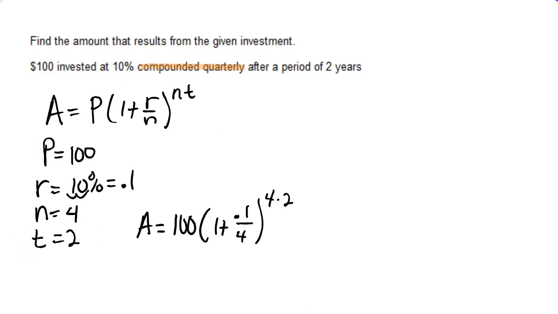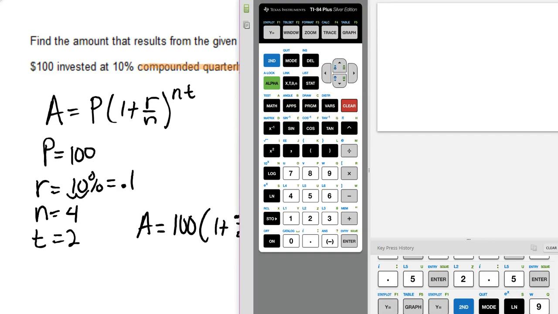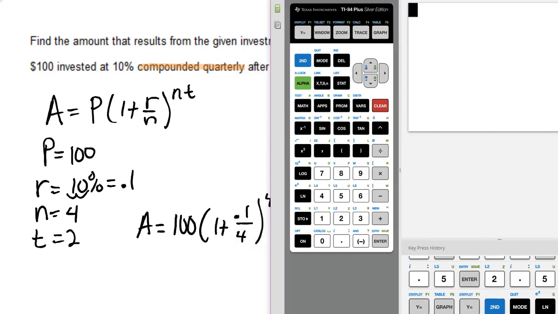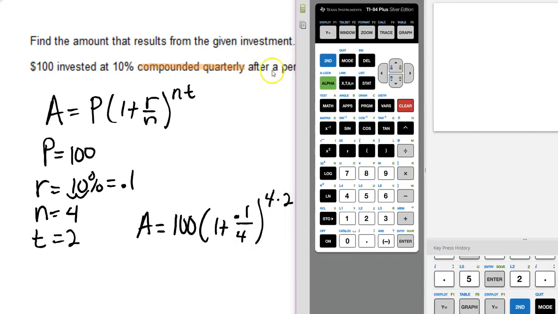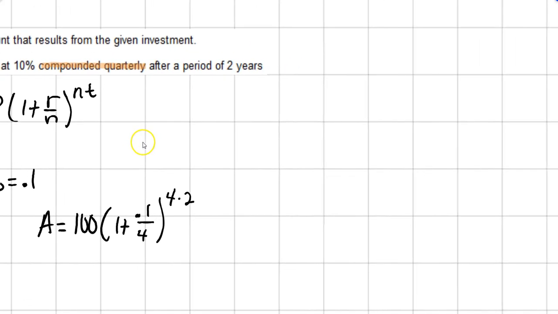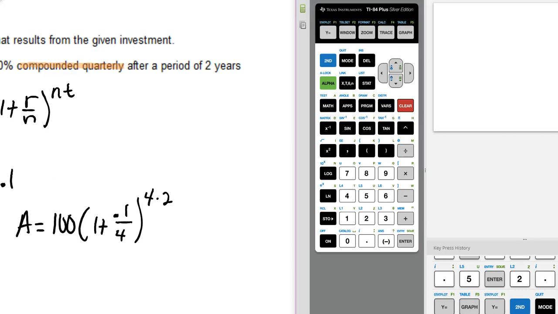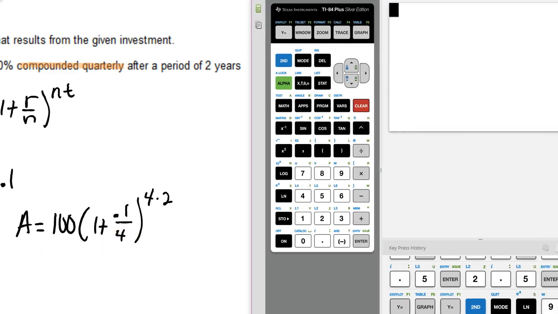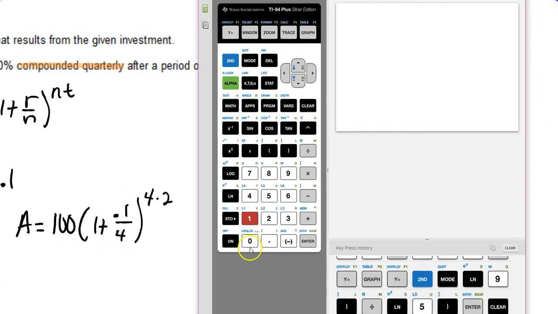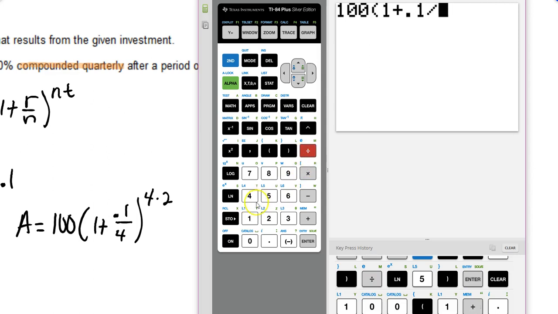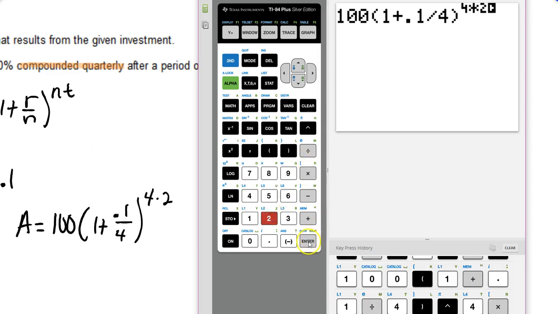So we'll put that in our calculator. That's 100 times 1 plus 0.1 divided by 4 to the 4 times 2.